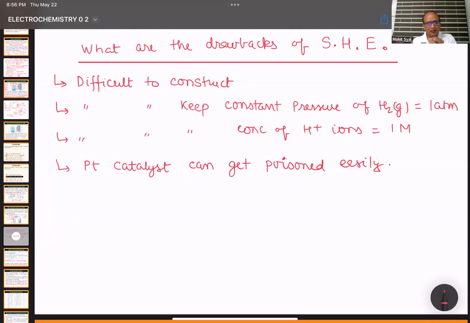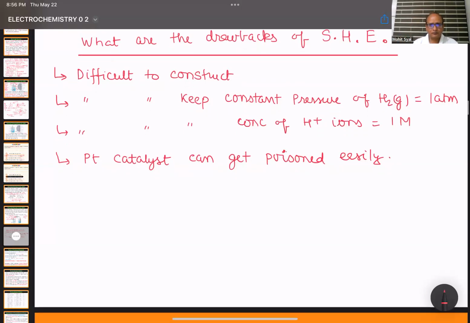If the standard hydrogen electrode is getting electrons from any other electrode, then H plus ions will accept those electrons from the platinum surface and get converted to H2. So both can happen. It depends upon the other electrode which we are measuring.